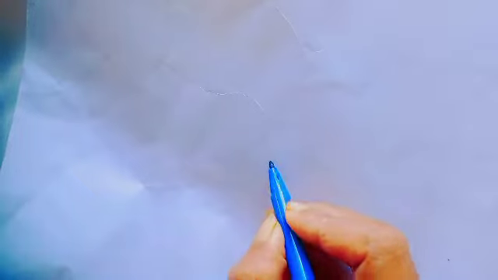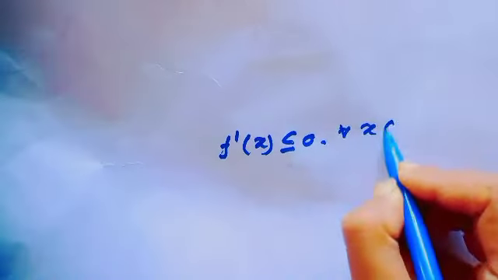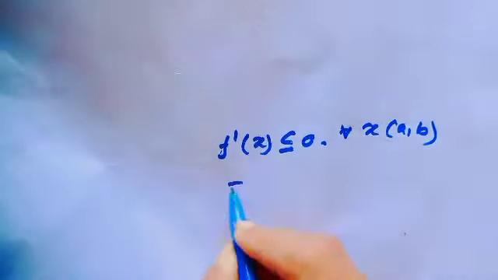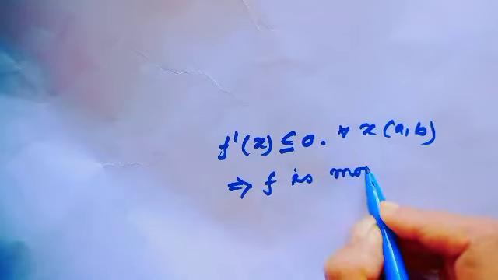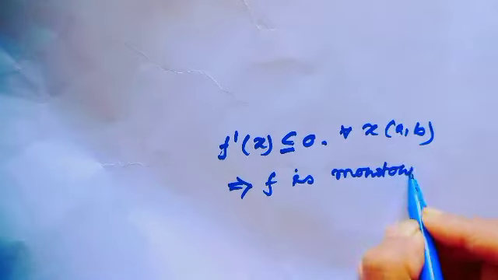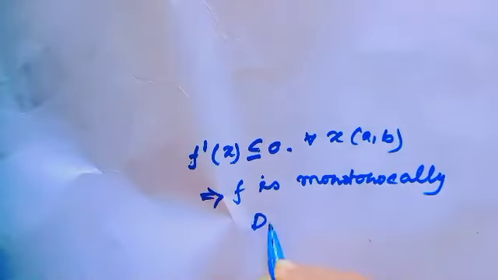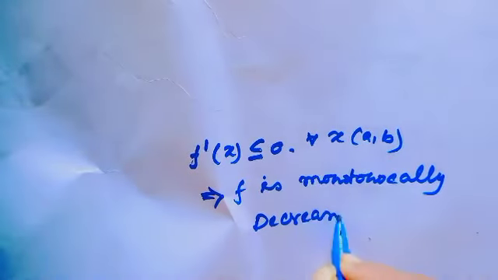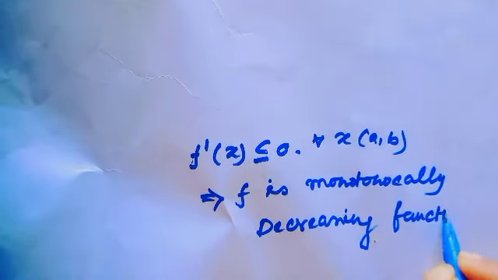Well, similarly, if f prime x less than or equal to 0 for all x belongs to (a, b), that implies f is a monotonically decreasing function. Okay?